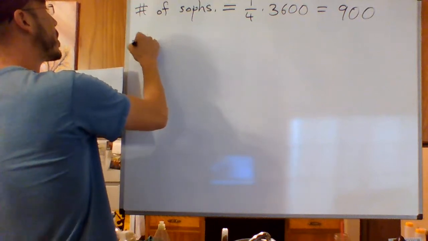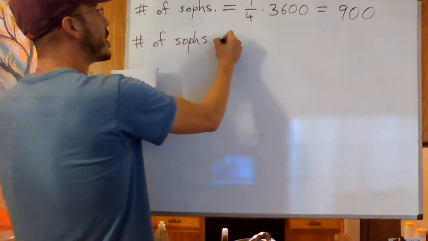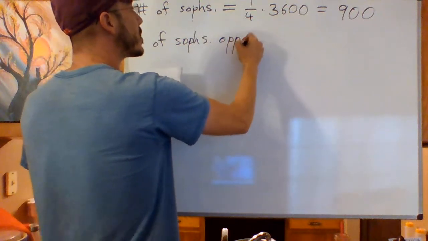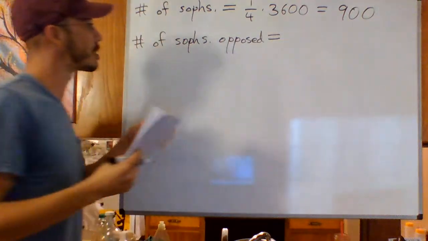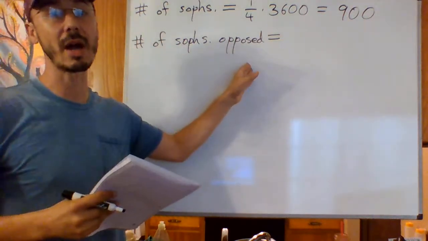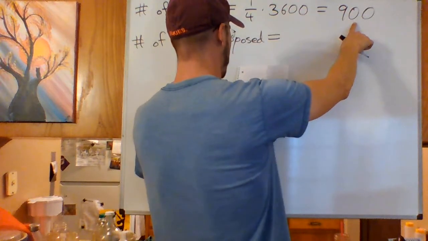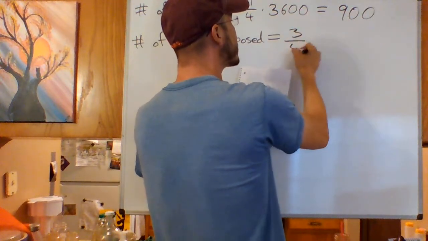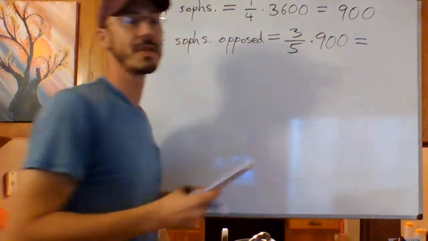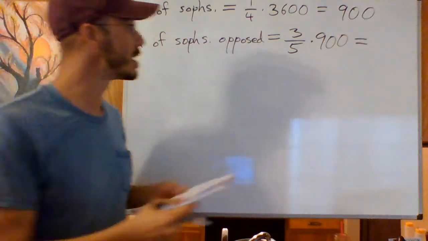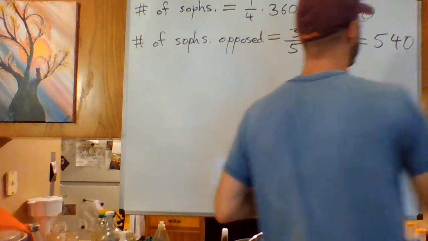The number of sophomores opposed. So the number of sophomores that are opposed to the rock climbing club, that's 3/5 of the 900 sophomores. 3/5 of the sophomores are opposed to it, and that comes out to 540.